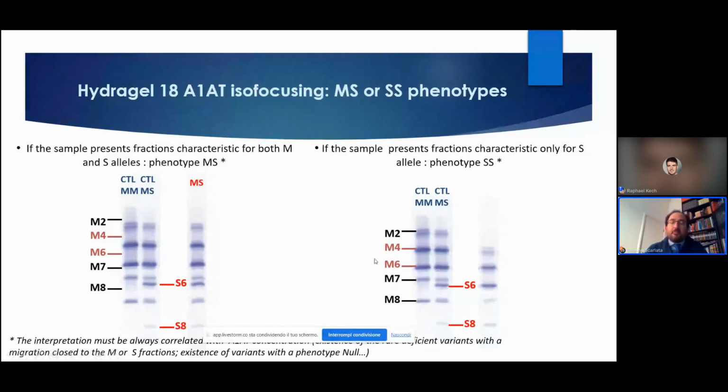In the homozygosis, what happens again is the absence of the M2 band, and the M7 and M8 bands are very, very weak or completely absent. And what you see very well is the S6 and S8 bands.